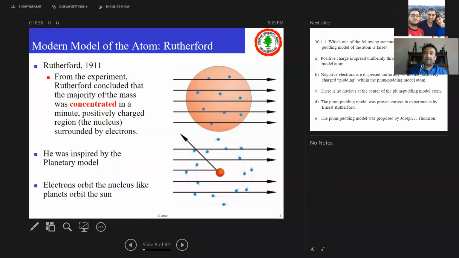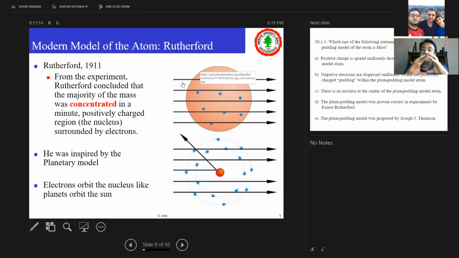So from this, we come up with a different way of viewing the atom. Instead of having a sort of jelly where the electrons are in the middle and the protons, because in the end the atom is neutral, so I must have as many plus charges as negative charges.